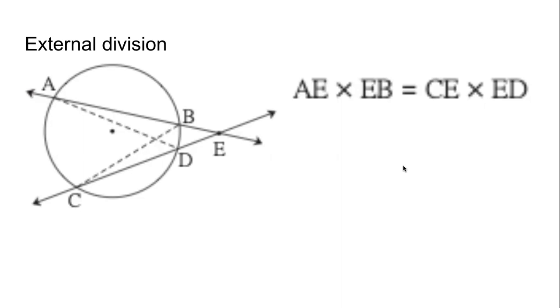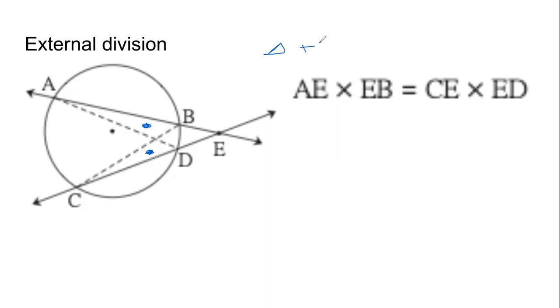Now, if you join the endpoints of the chords, then you will see that the two triangles that we will form, this triangle and this triangle, will be similar to each other. So the triangles that we are talking about, let me write it properly.